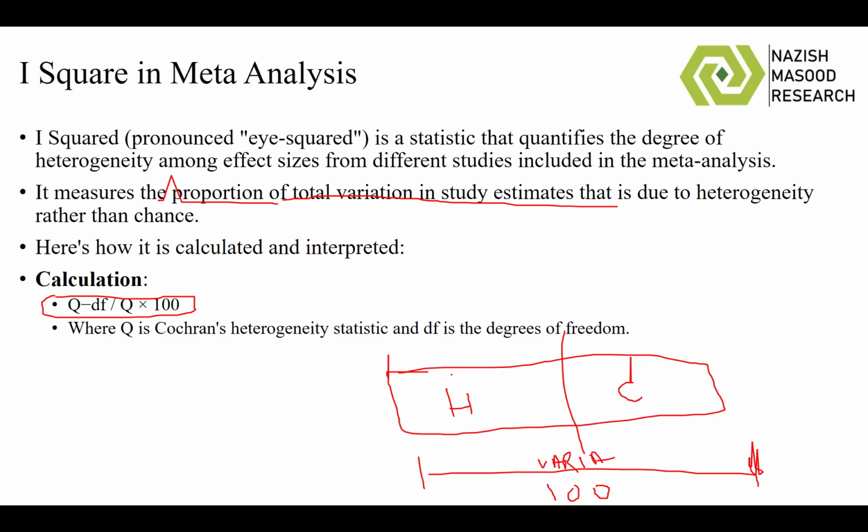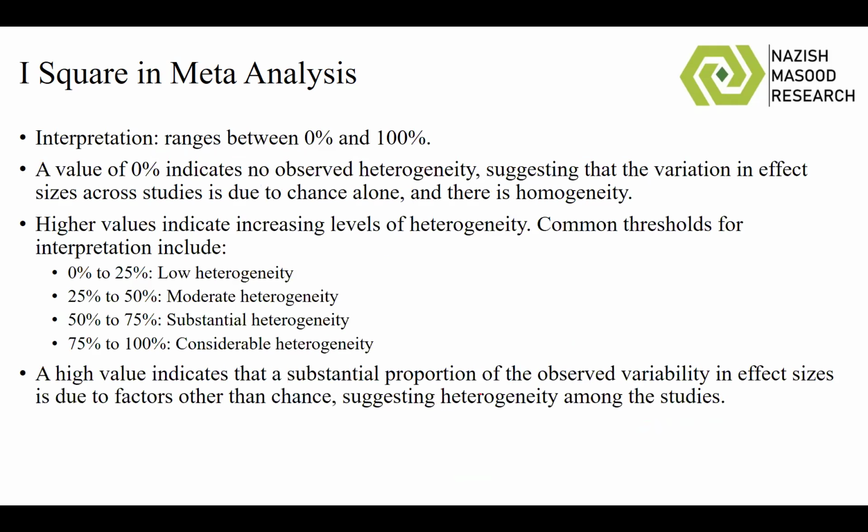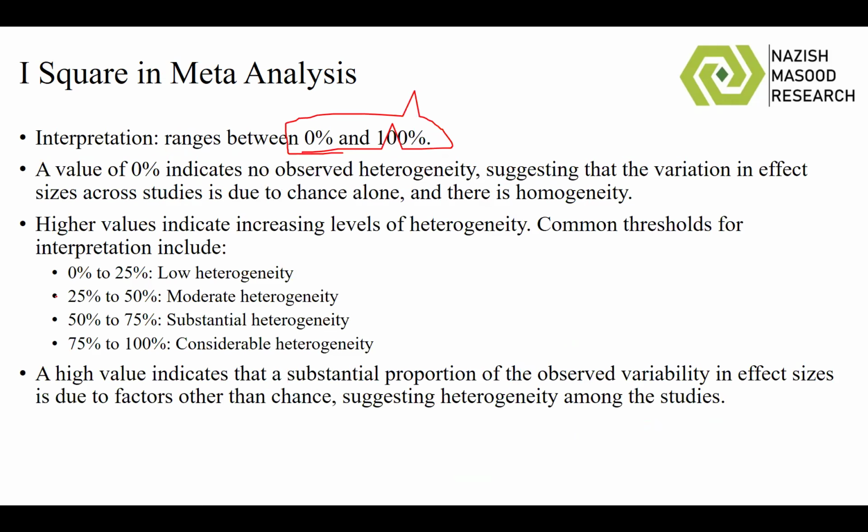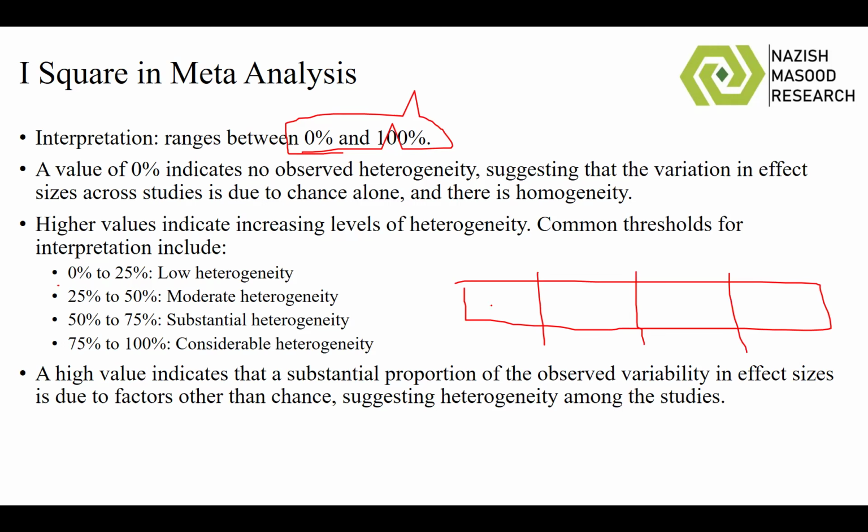In case of I squared, we calculate between 0 and 100, like I said. For example, if this is the total 100%, this is 25%, this is 50%, this is 75%. In case it is 25%, we call it low heterogeneity.